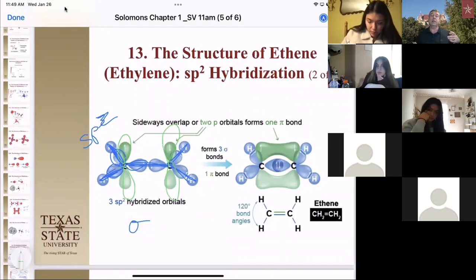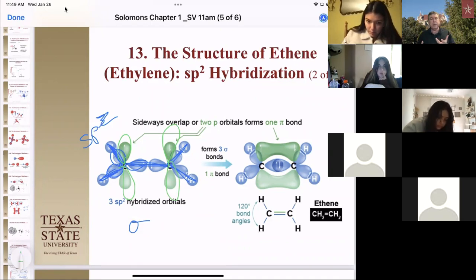Okay, so instead of bonding directly between 2 nuclei, i.e. a sigma bond is directly between the carbon nuclei, what we're going to do is what's called an overlap bond. We're going to bond above and below the plane.